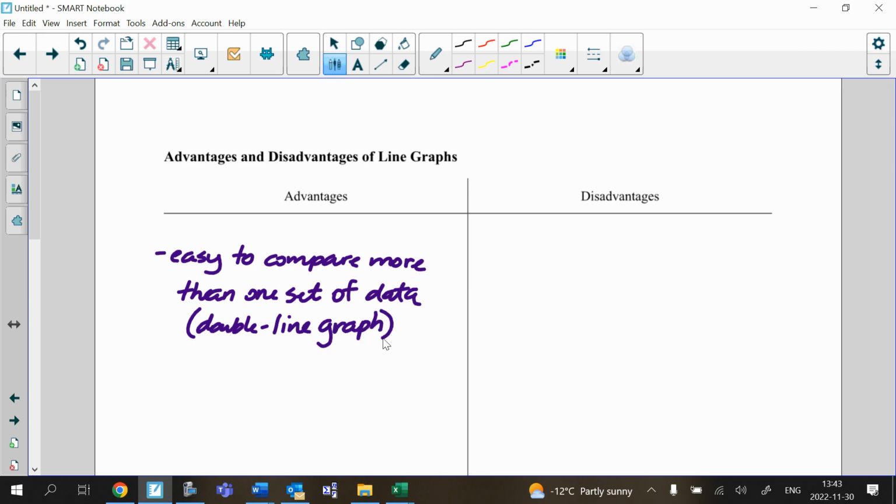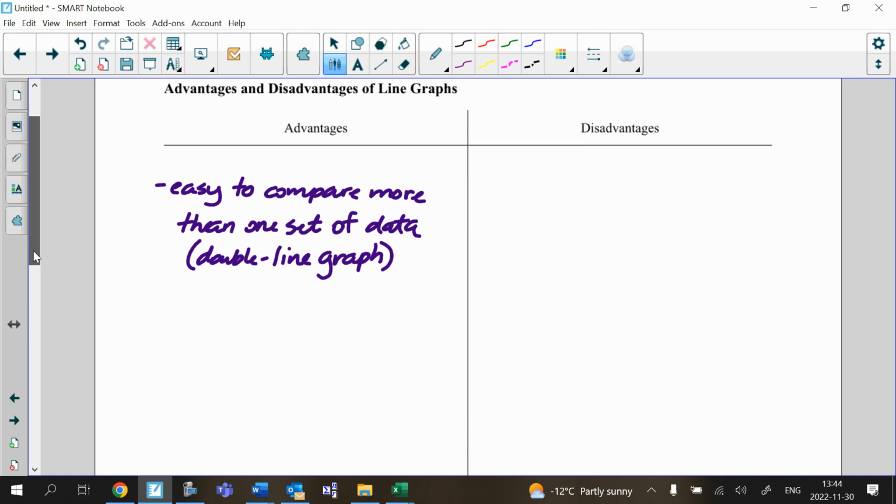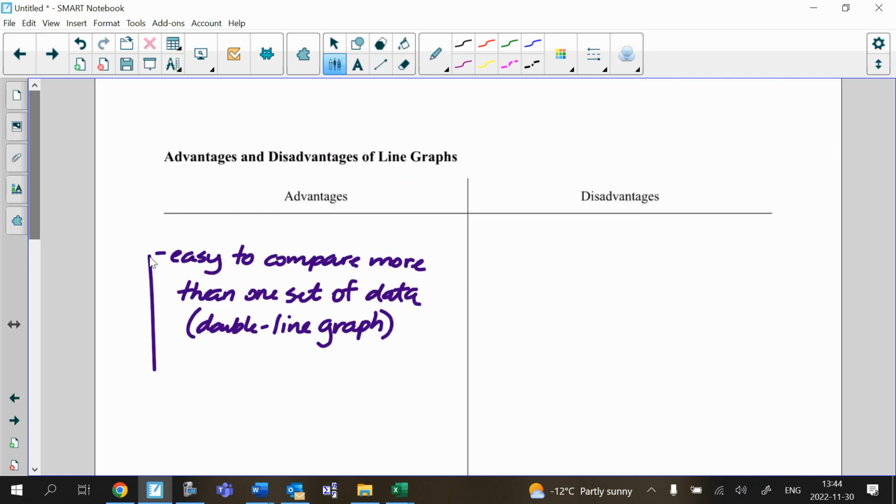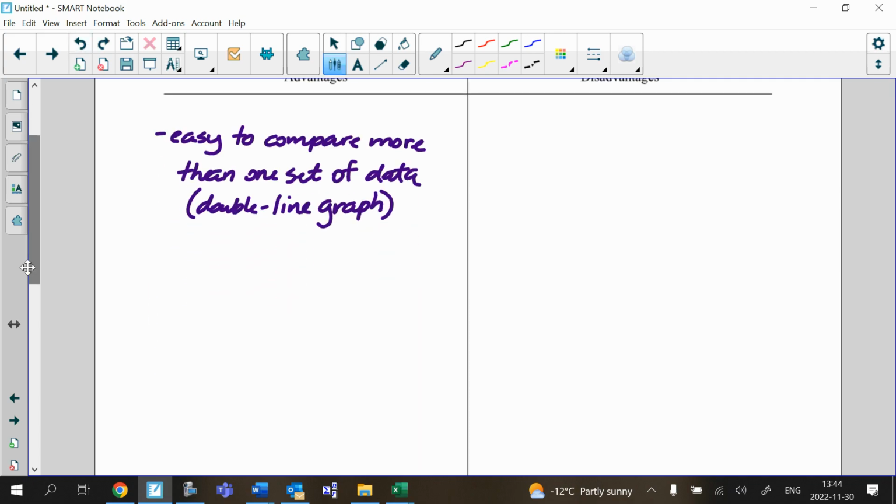Line graphs are quite good at making relationships clear. Or instead of relationships, we could even say trends clear.